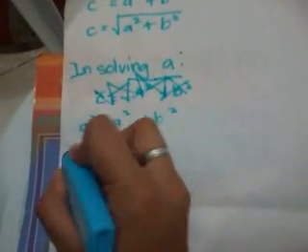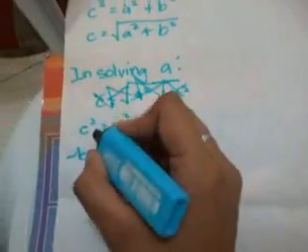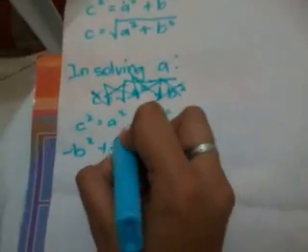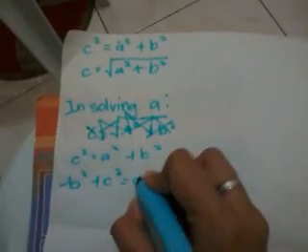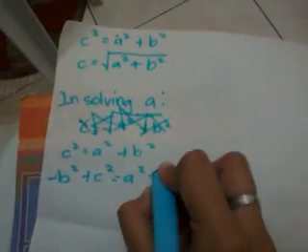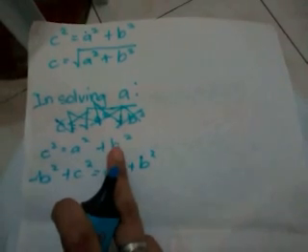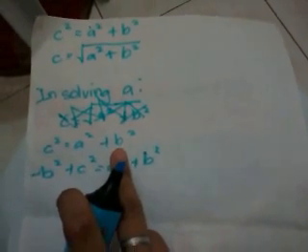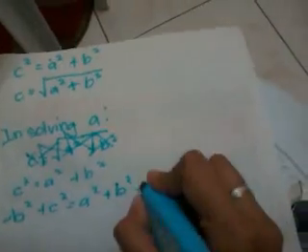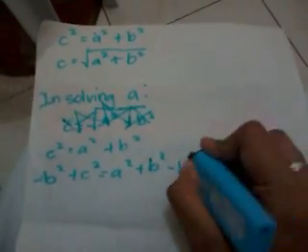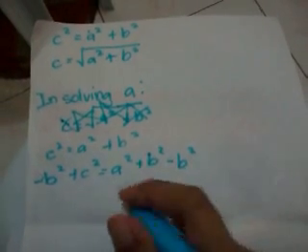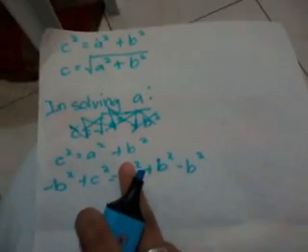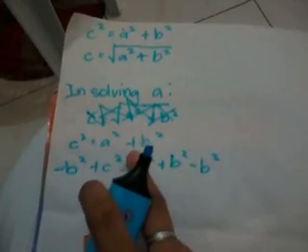So it will be like this: negative B squared plus C squared equals A squared plus B squared. You're going to subtract B squared also on this side so that it would be balanced. When you transpose, the sign will be changed.